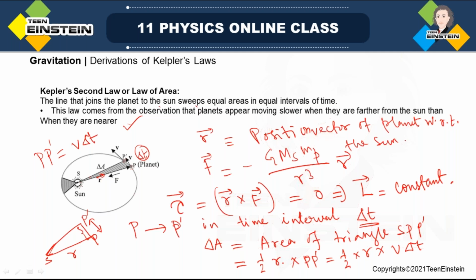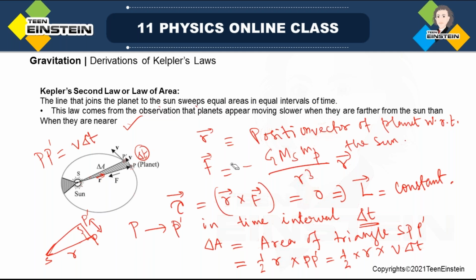So what we have got? We have got delta A, that is the area of this shaded region, which is swept out by this position vector r in delta t time interval.